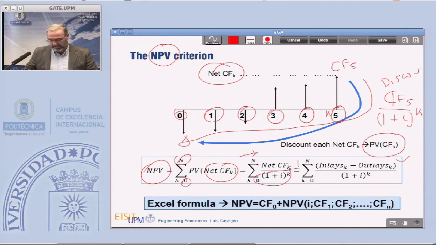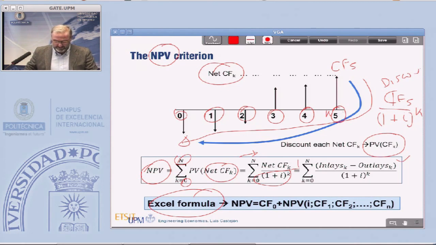We can apply it by hand, with a calculator, with a financial calculator, which is my preferred option. Also, of course, the other preferred option, when you have a complex business model, is to use the Excel formula for net present value.